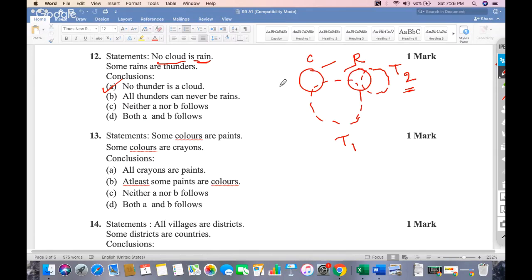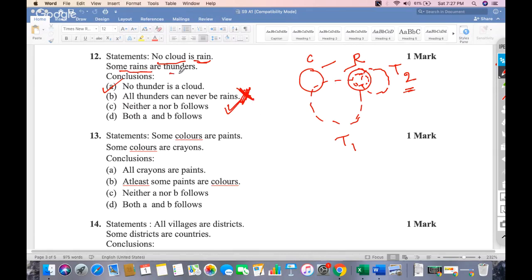All thunders can never be rain. So can all thunders be rain? So this does not follow definitely. All thunders can be rain. You put thunders over here. All thunders can be rain. In that condition, try to understand.